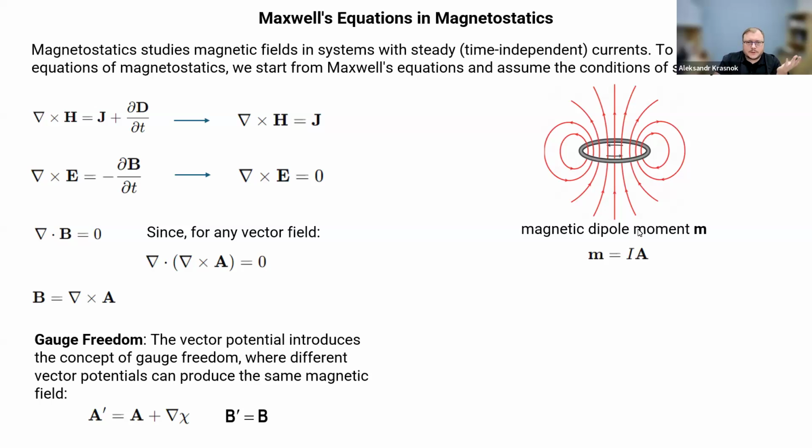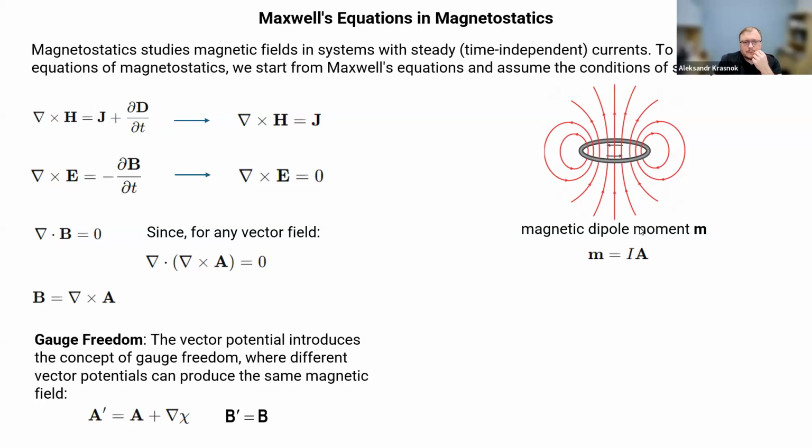We introduce a magnetic dipole, just like in the case of the electric dipole, which is the system of two charges. Here, by duality, we introduce the concept of magnetic dipole, which is equal to the current that circulates in this loop times the surface area of this loop.